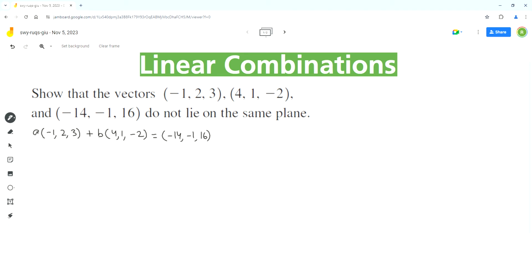See, we have to check if there are any valid values for a and b that satisfy this vector equation.